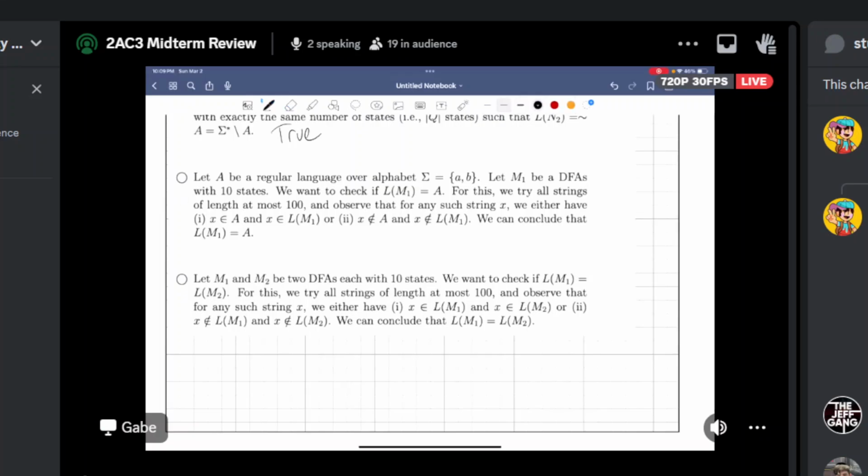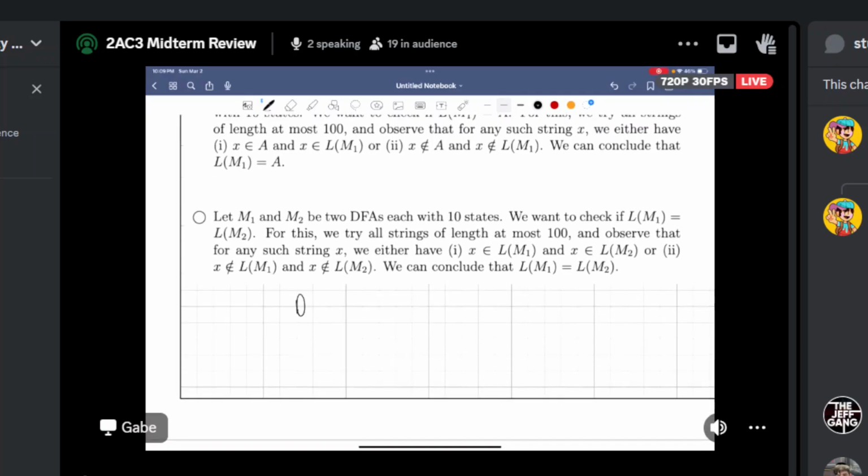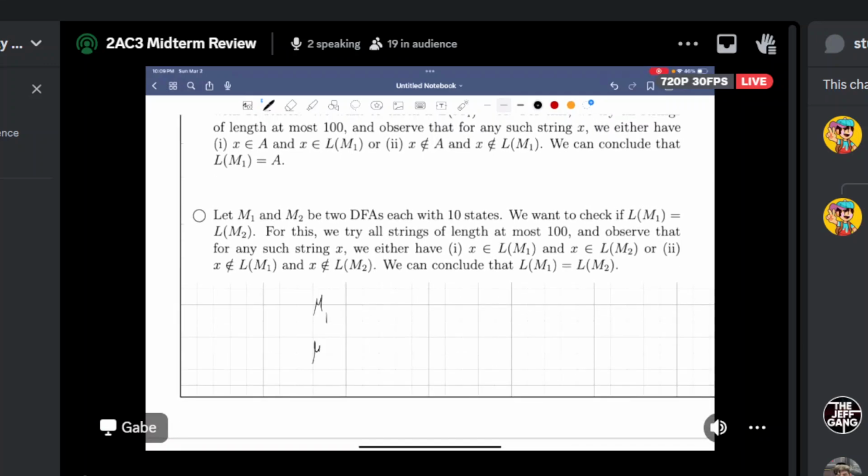This question is asking the same thing as the one above, but now there are two DFAs, M1 and M2, each with 10 states.